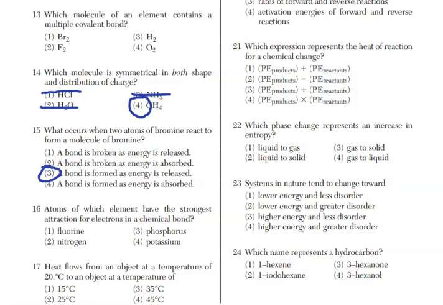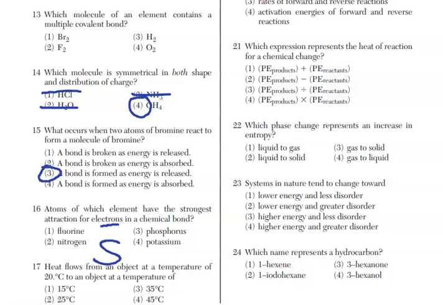16, atoms of which element have the strongest attraction for electrons in a chemical bond? What they're asking for here is the term electronegativity. Electronegativity, once again, shows up for all the elements on reference table S. It's an atom's ability to pull the electrons towards the atom in a bond.